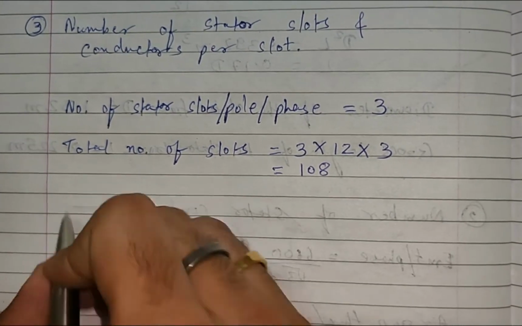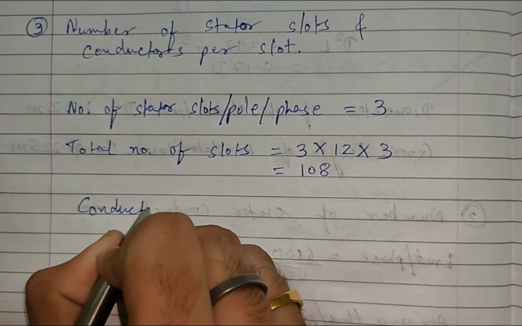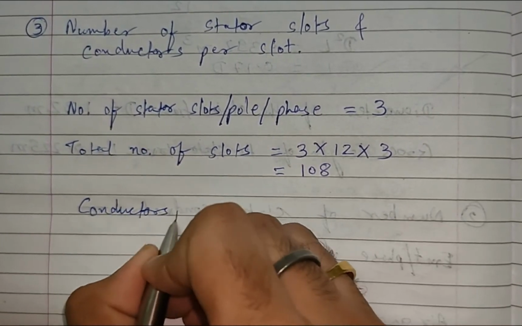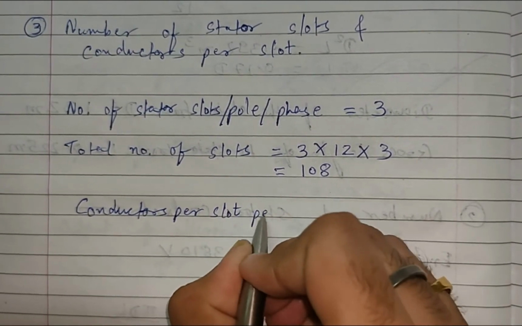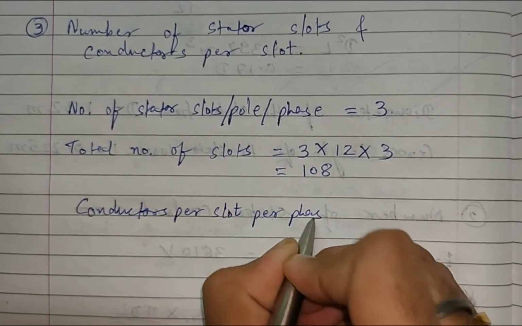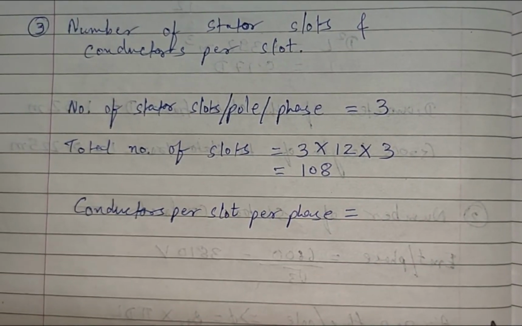Now let us see what would be the conductors per slot per phase. Now we have already seen the number of conductors per phase as 824.